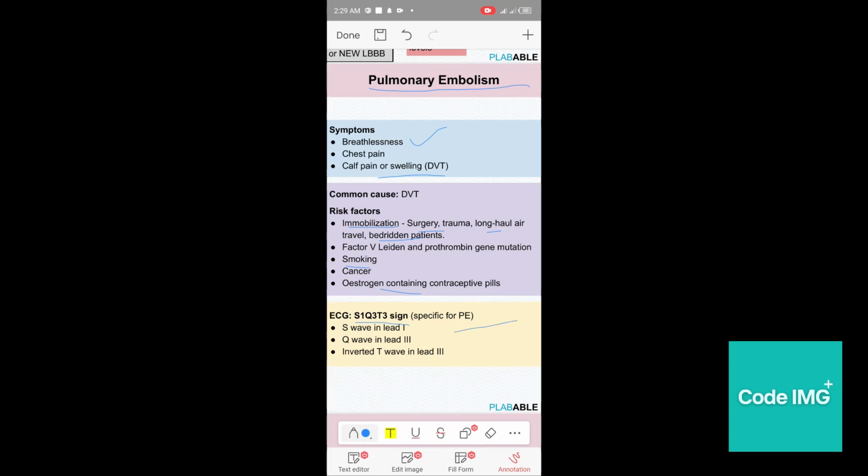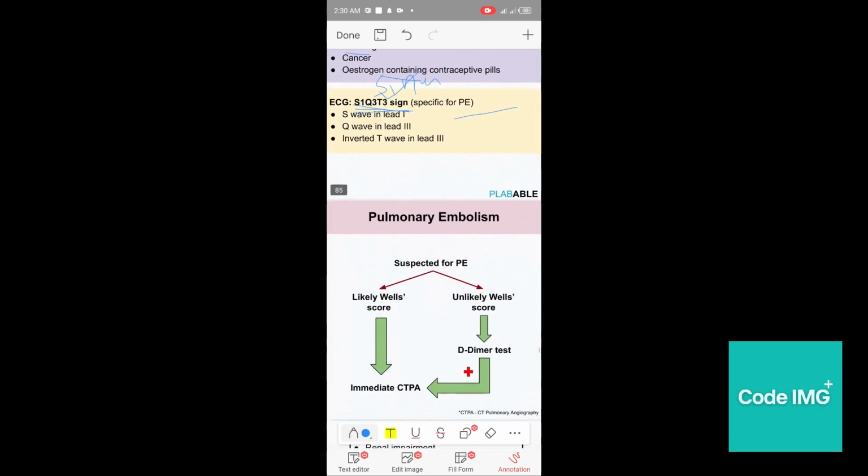So you have to choose between sinus tachycardia and S1Q3T3, and you need to choose sinus tachycardia. Always choose sinus tachycardia. That is the most common finding, and the most common symptom of patients coming is breathlessness.